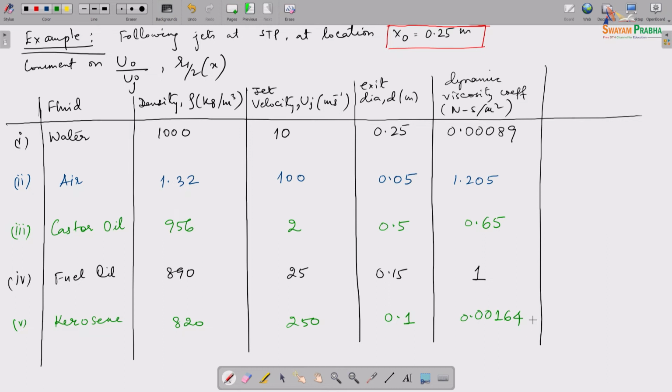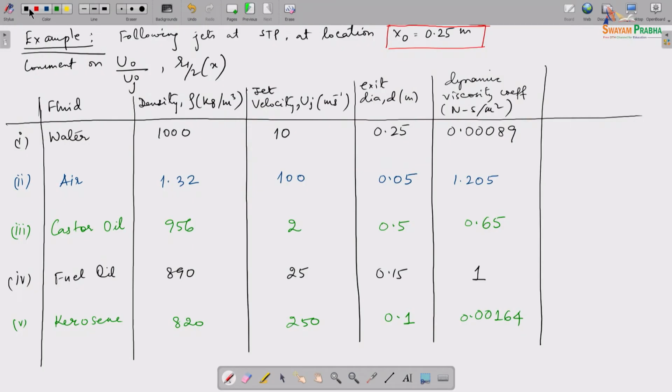So what can we do? How do we comment on this, or what is it that we need to look at? First I thought let us look at the Reynolds number. That will be nice to look at, and we will write that down here.